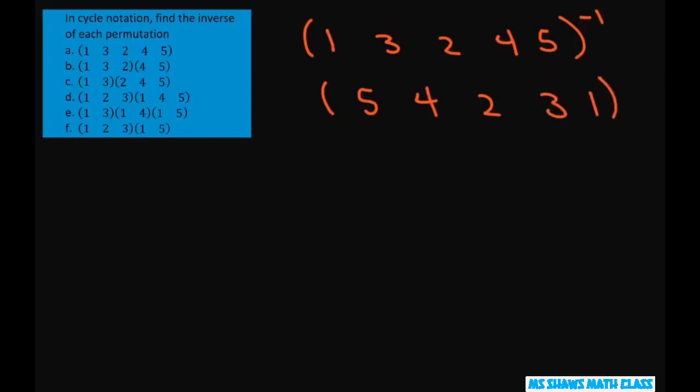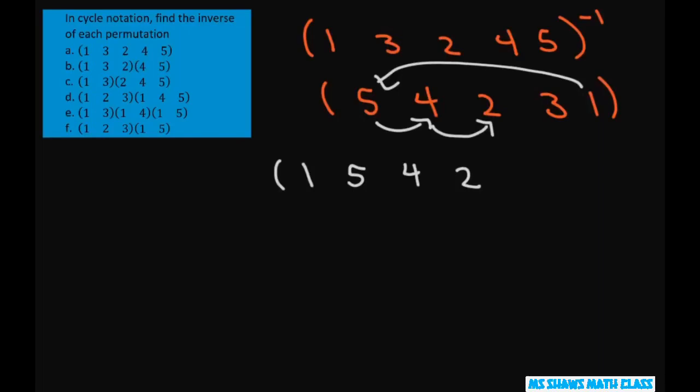Now, for the inverses, we want to start with writing 1 in the standard position 1. So 1 maps to 5, then 5 maps to 4, 4 maps to 2, 2 maps to 3, and 3 maps back to 1, so you close it up.